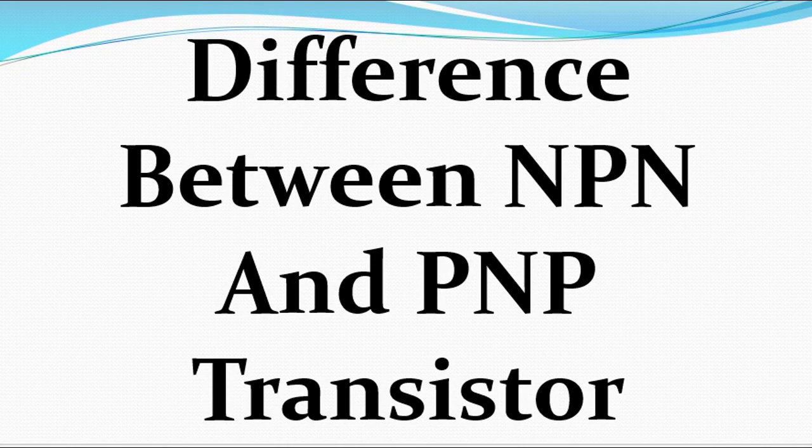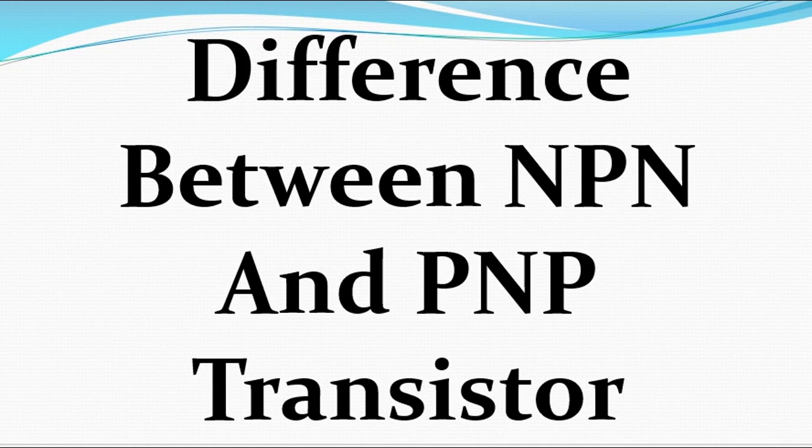Most NPN transistors are used in circuits because in an NPN transistor the conduction current is mainly by electrons. It simply means the conduction current in the NPN is by electrons, which stand for negative, while holes stand for positive.